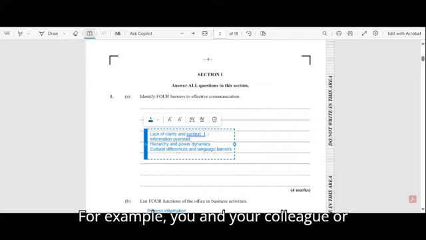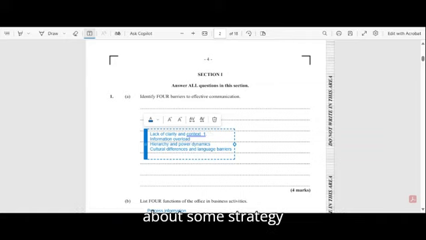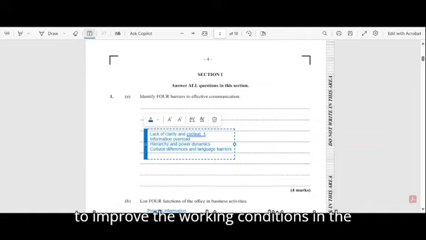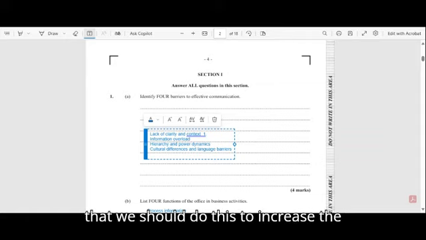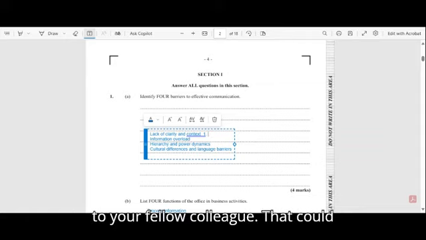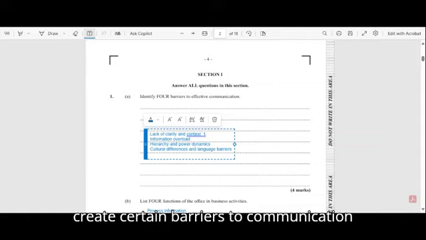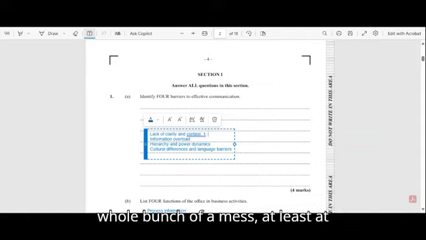For example, you might want to talk to your colleague about some strategy to improve the working conditions in the business, or tell them that we should do this to increase the efficiency in the business, and you can't get that message across to your fellow colleague. That could create certain barriers to communication, and that could make it just a whole bunch of a mess, at least in that scenario.